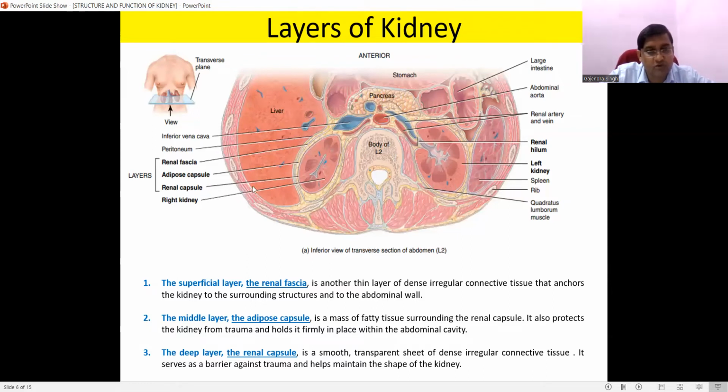This is a very smooth, transparent sheet of dense irregular connective tissue, and it serves as a barrier against trauma and helps maintain the shape of the kidney. So the shape of the kidney is maintained by the renal capsule, which is the innermost layer of the kidney.